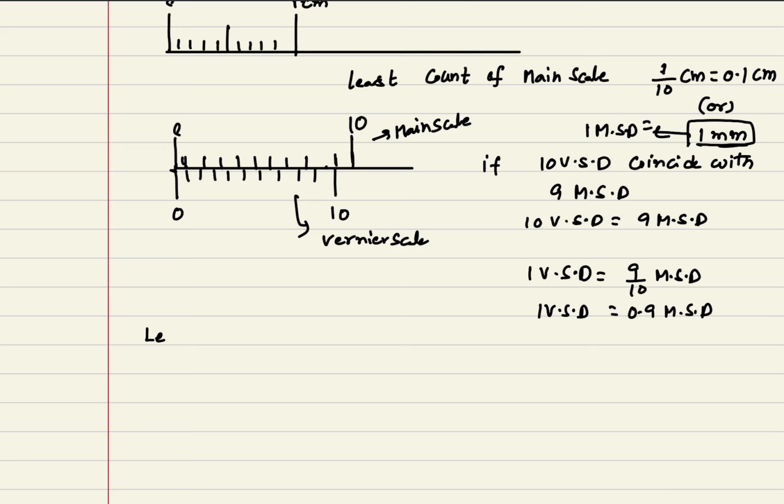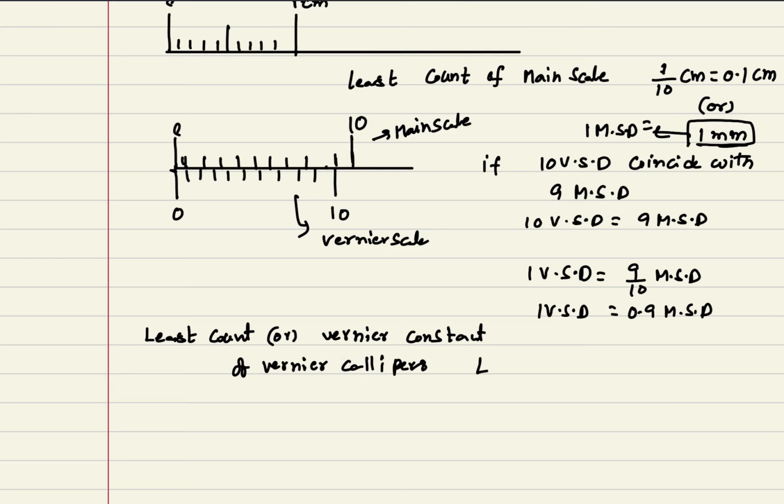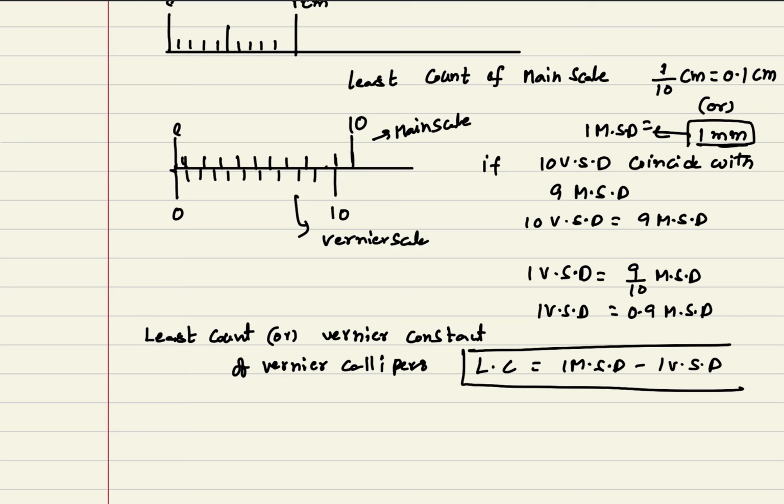If you want to calculate the least count or vernier constant of vernier calipers, we can write least count is equal to 1 MSD minus 1 VSD. We can use this 1 MSD minus 1 VSD every time.